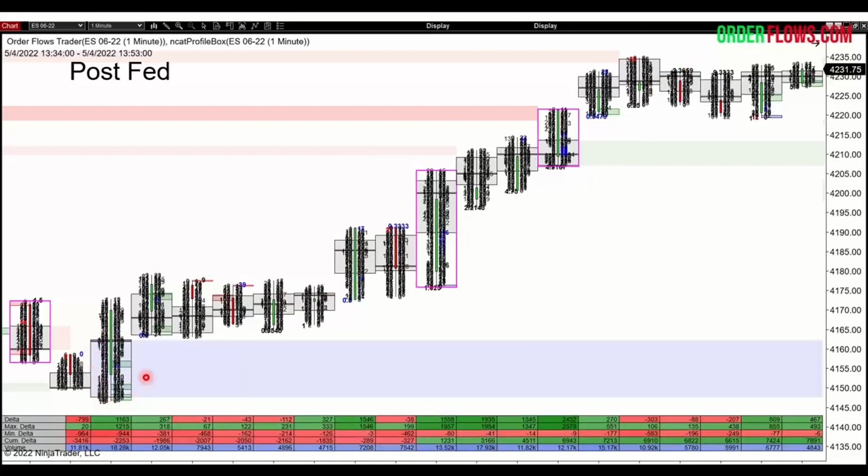But based on this value area, and again, I've scrunched this chart down because it's such a big move, you can't read the numbers, but you don't necessarily need to focus on the numbers. You're focusing on where value is. You can see how the market is starting to move away from value. It's drawing out this area here. So now I know I've got an area of support, right?